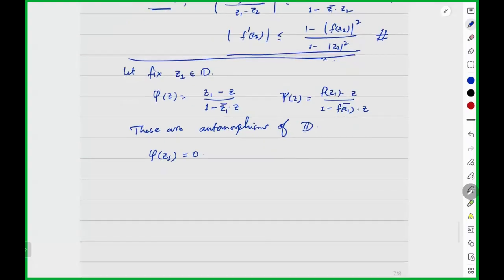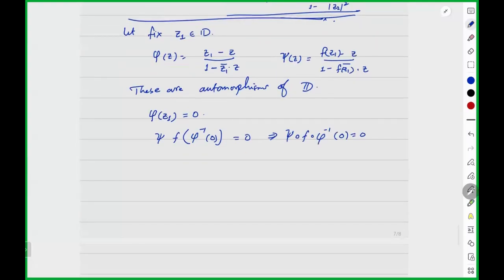So what we can see here, phi inverse of 0 is z1, and we apply f on it. So this is now f(z1). If we apply psi on it, this is 0. So this implies psi composite f composite phi inverse of 0 is equal to 0.